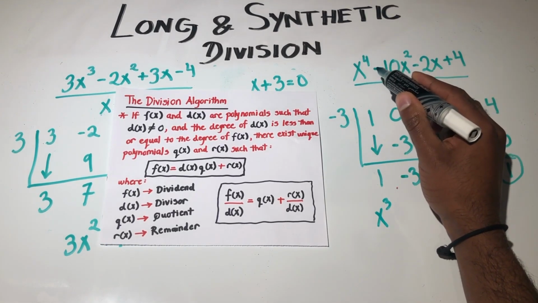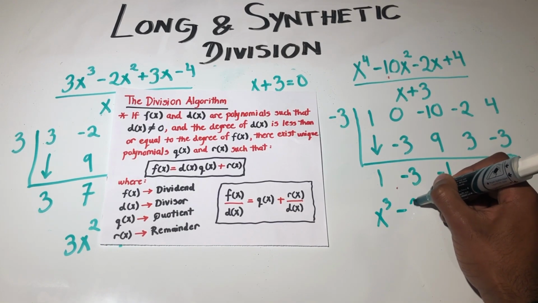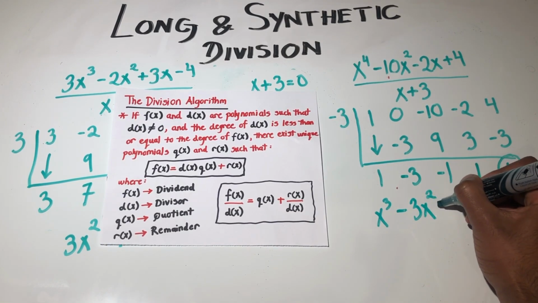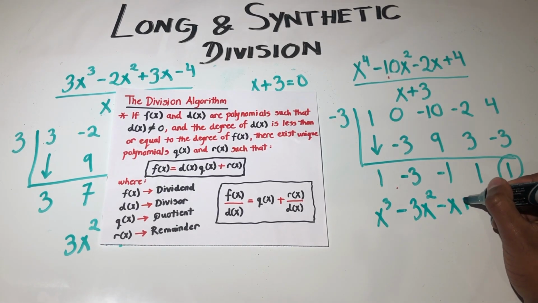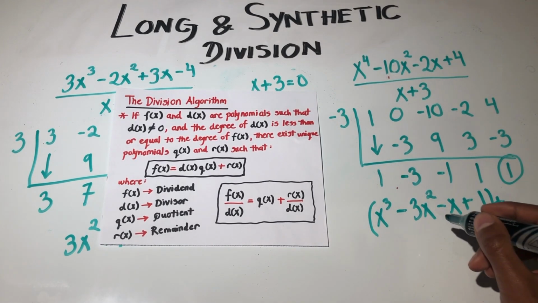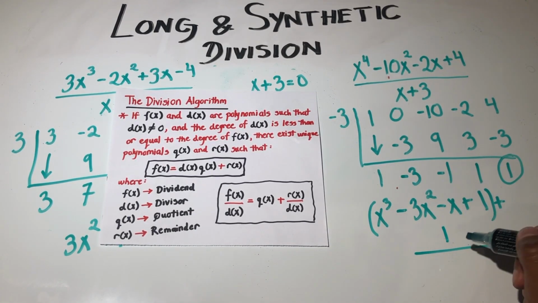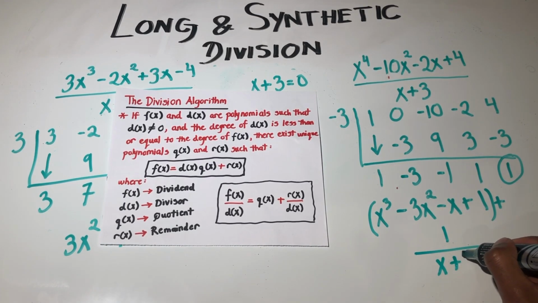Since we started with x to the power of 4, this is going to become x cubed minus 3x squared minus x plus 1 plus our remainder, 1 over x plus 3, our divisor. And that's it. It's pretty simple.